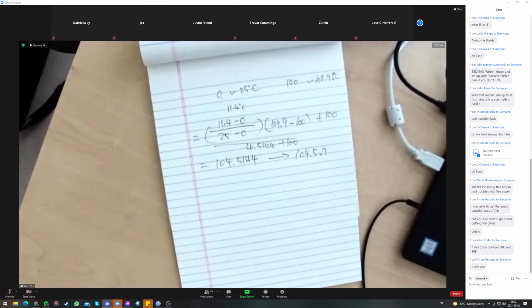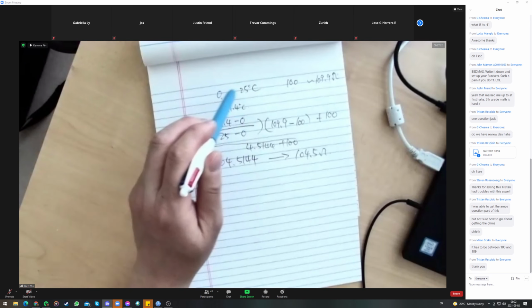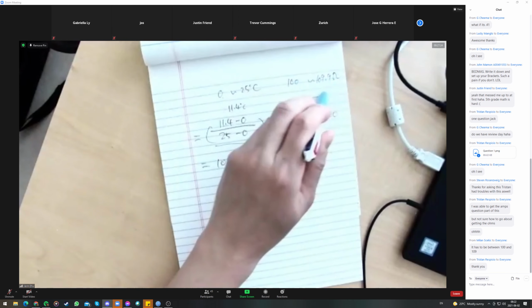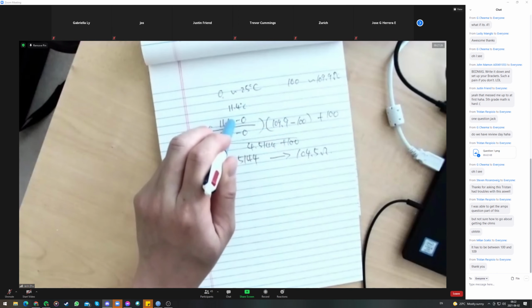Hey Jack, so you're saying you can use basically any of the numbers from the table as your range. Yes, as long as you pick the two ends and put those numbers in to do the calculation.